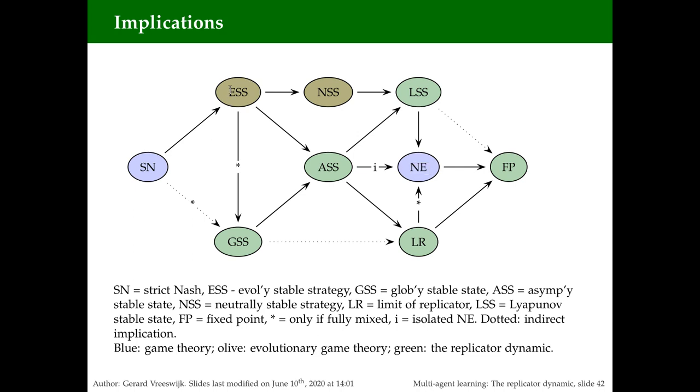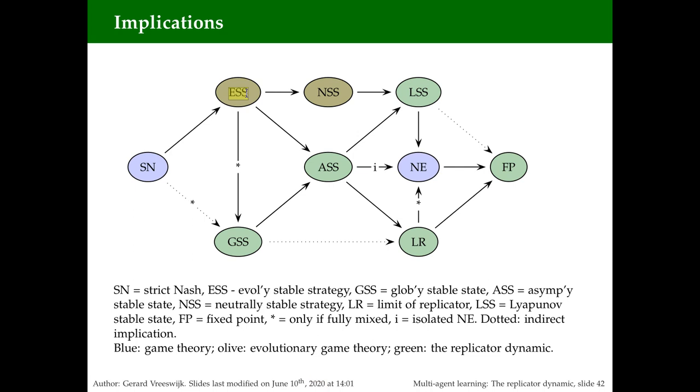The nodes that are colored in olive refer to evolutionary game theory, which we have not discussed and will not discuss in this edition of the course. Well, we're talking now at 2020, maybe next year, but this year we don't.